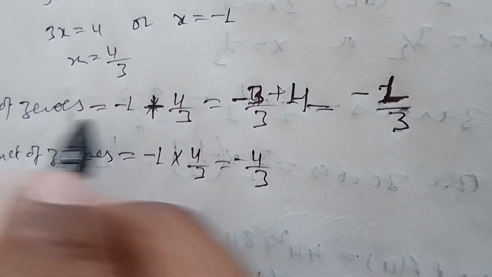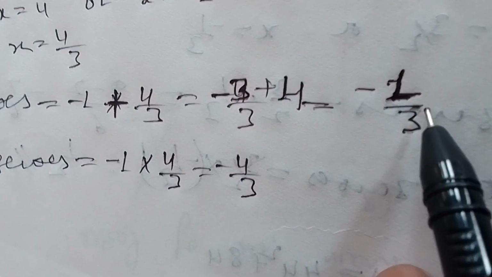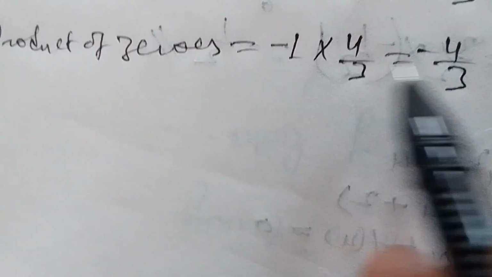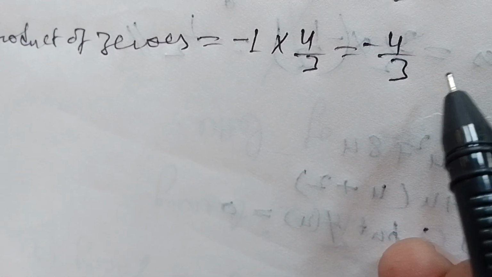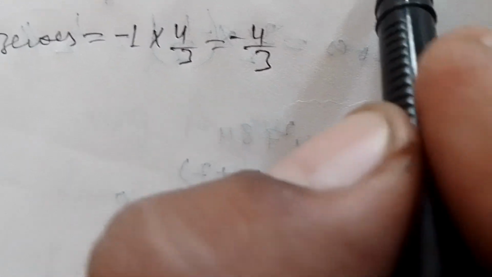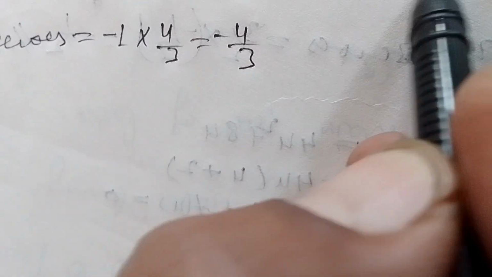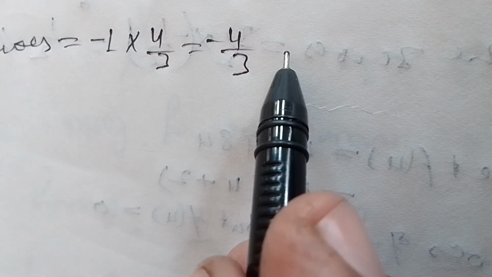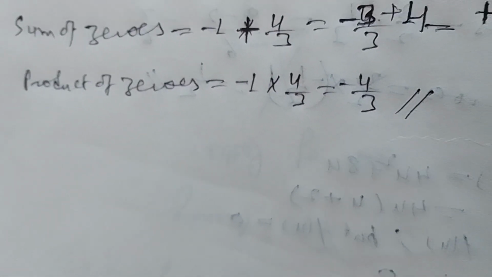So the sum of the zeros comes out to be 1 by 3, and the product of the zeros comes out to be minus 4 by 3. So this is the answer of the sixth part. Now we will solve the second question.